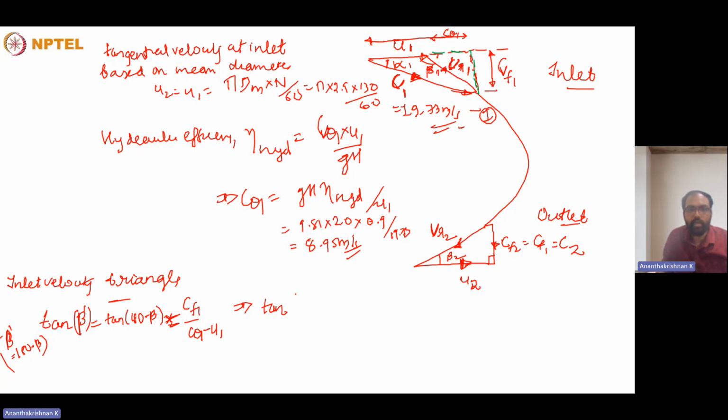CF1 we have determined from the discharge and overall efficiency term to be 11.96 meter per second.